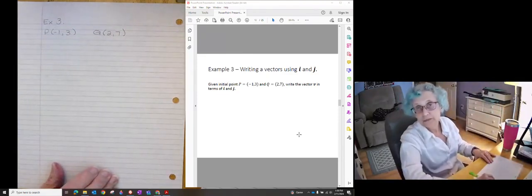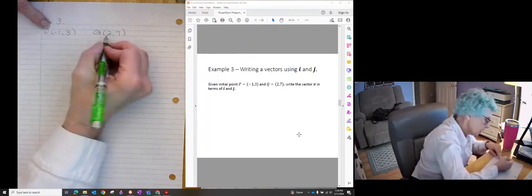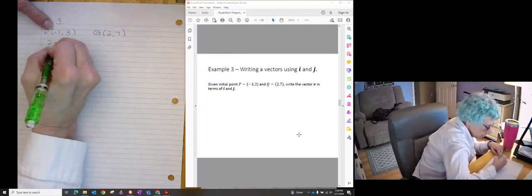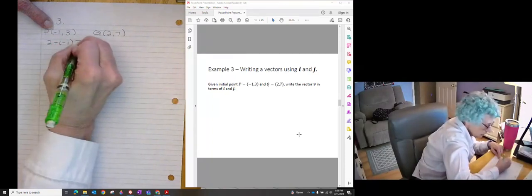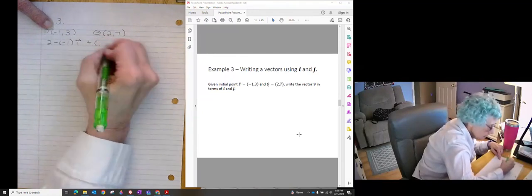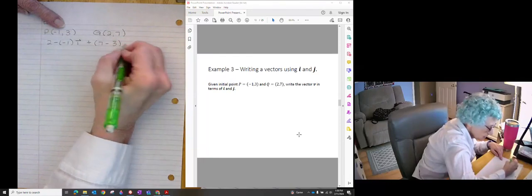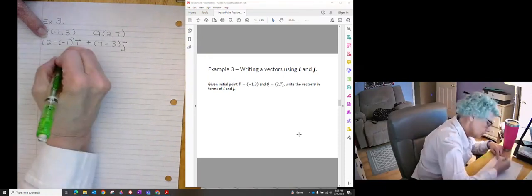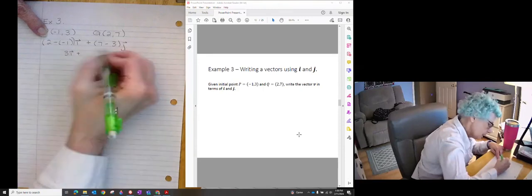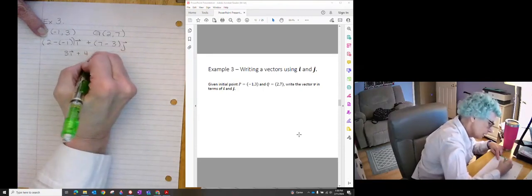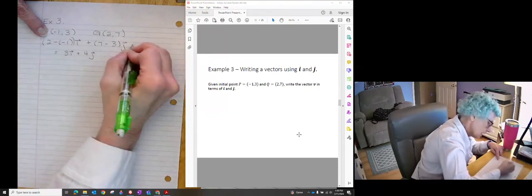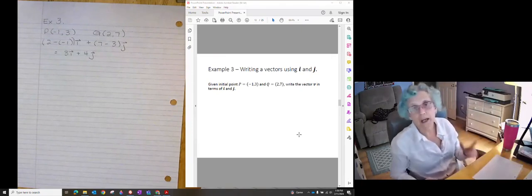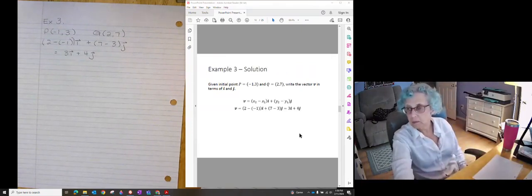We want to write the vector in terms of i and j, so we do 2 minus negative 1 times i plus 7 minus 3 times j. 2 minus negative 1 is 3i, 7 minus 3 is 4j. And yeah, I told you, I just make kind of a little half arrow because I'm too lazy to write the whole arrow, and I can't write in boldface.